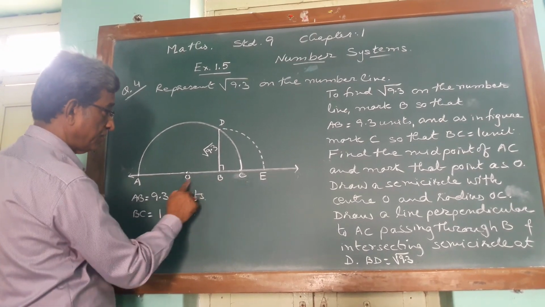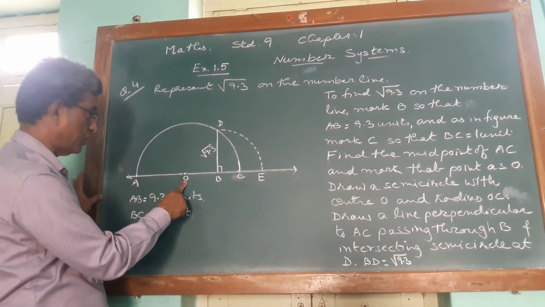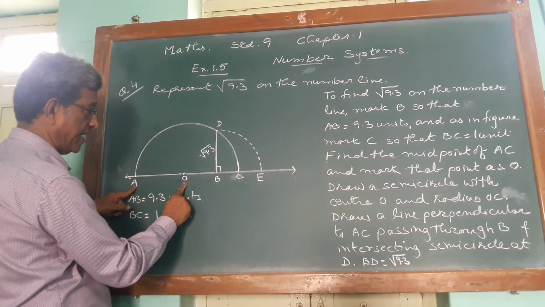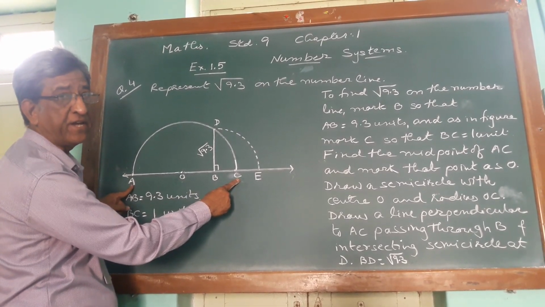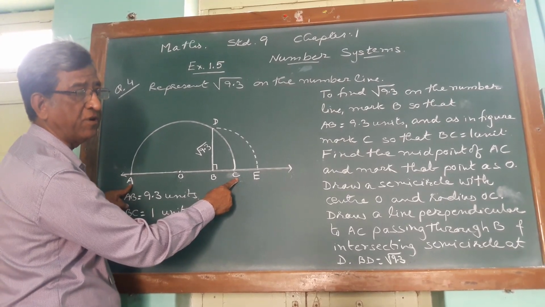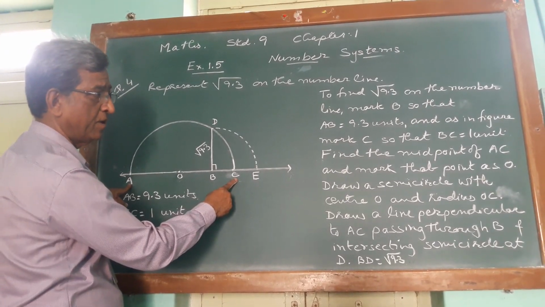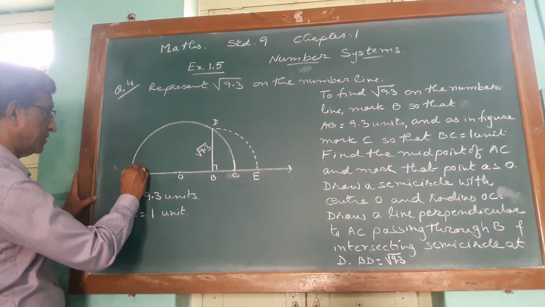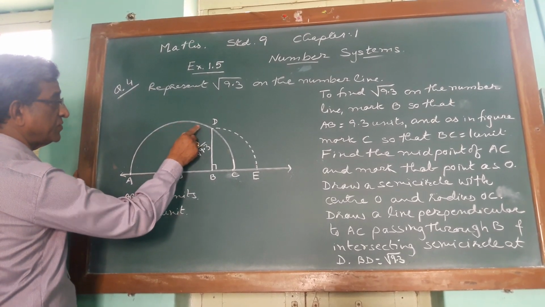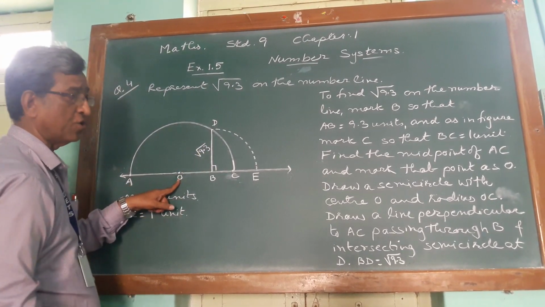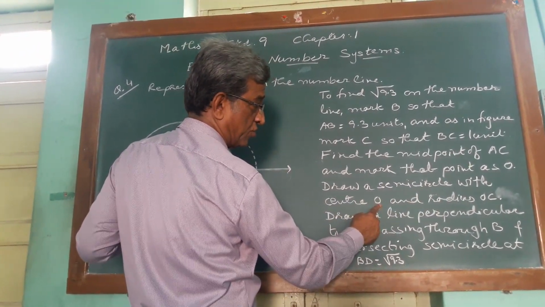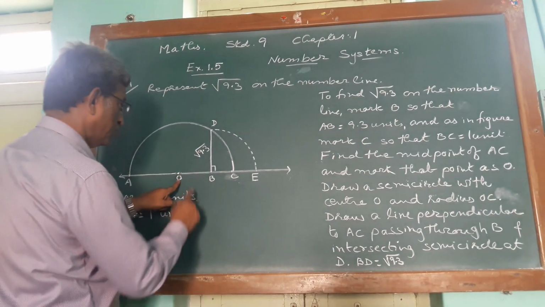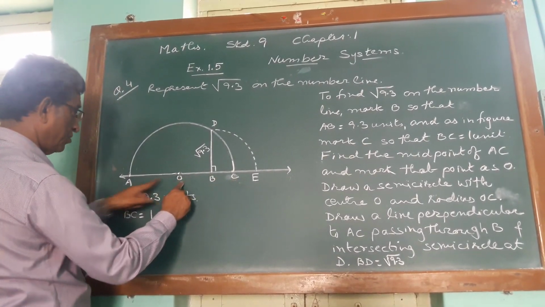Then find out the midpoint O of AC by drawing the perpendicular bisector. Now draw one semicircle with center O and radius equal to OC or OA.